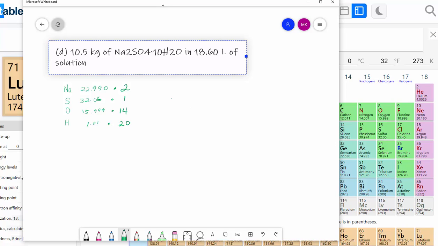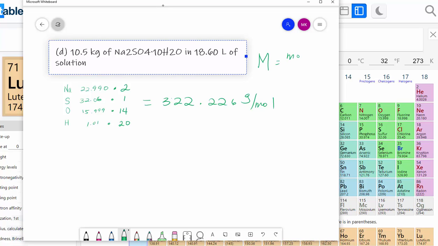That's okay. So I have my 15.999 times 14. Then I'm going to add that to 1.01 times 20. So the molar mass I get for this hydrated compound is 322.226 grams per mole.